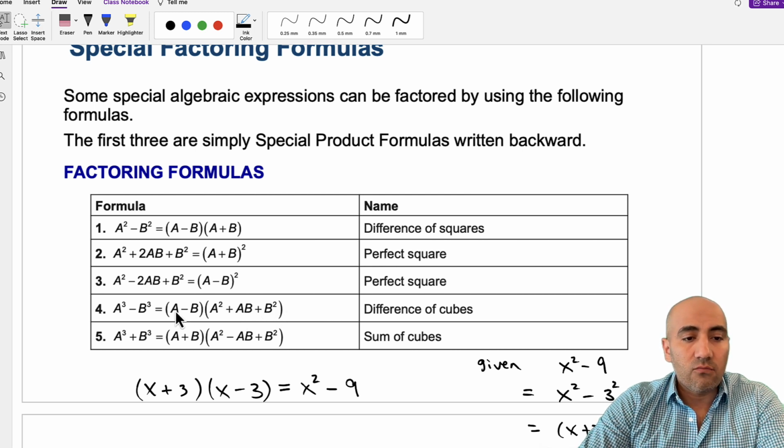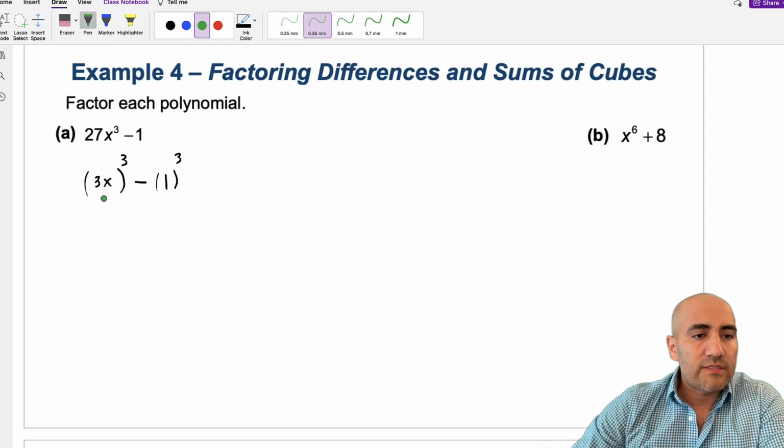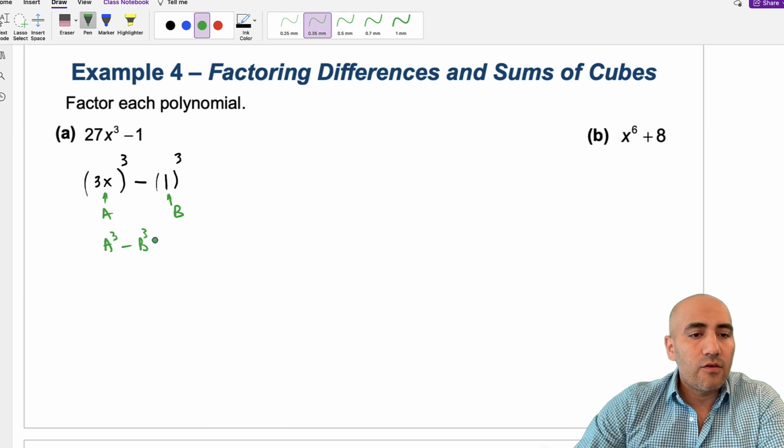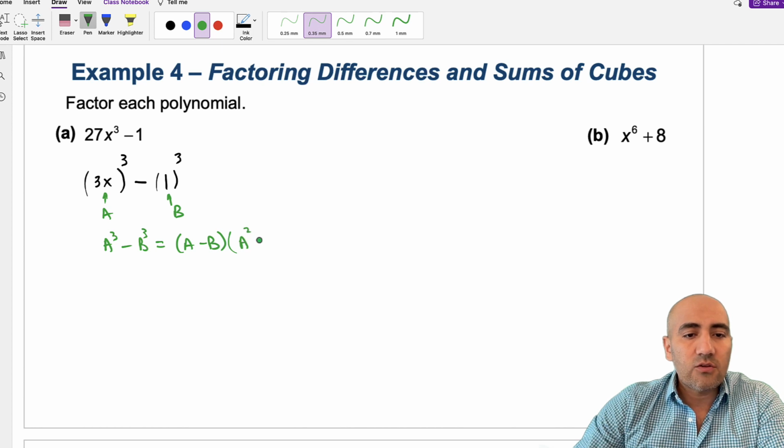I'm just going to recognize that it fits this form and copy it down this way. So this is my A, this is my B. We have A cubed minus B cubed, and I know that this fits the form (A minus B) times (A squared plus AB plus B squared).